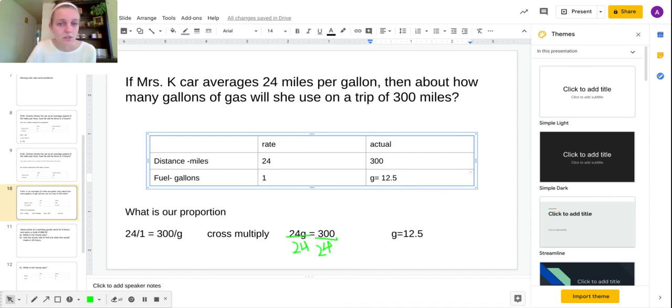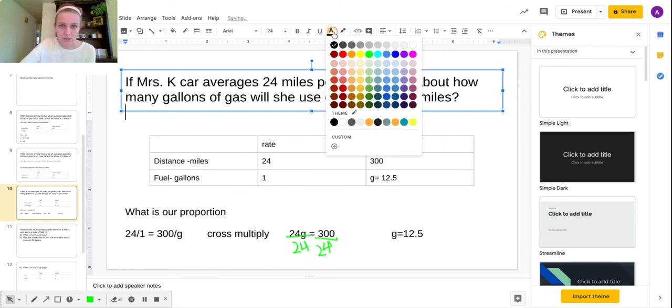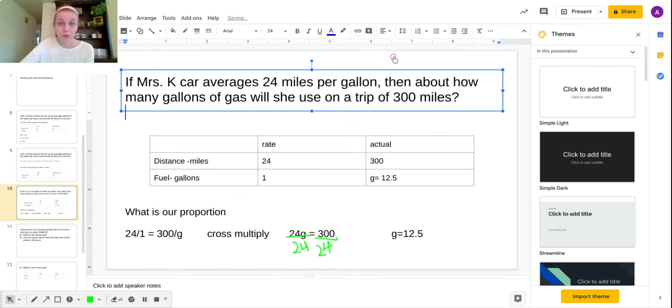What does this mean? So if I was trying to answer this question, let's make my text, I'm going to do blue. That's going to be my answer. Mrs. K needs 12.5 gallons of gas.